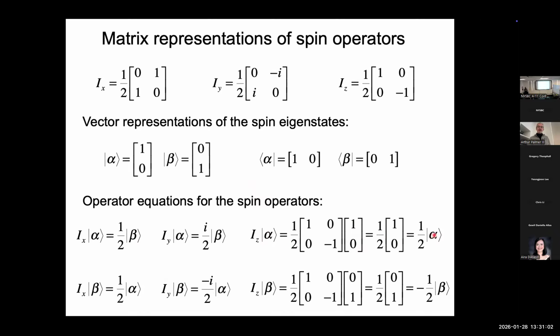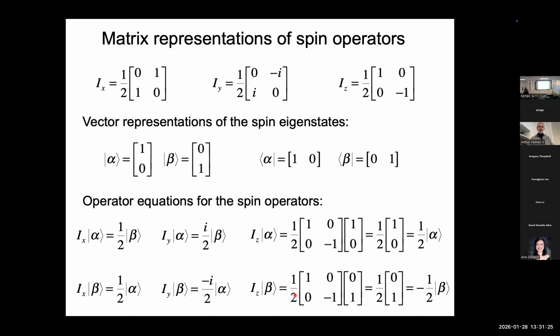And that means that alpha is an eigenvector of the IZ operator, because we put in alpha, and we got back alpha. 1/2 is the eigenvalue. And in this case, the eigenvalue is just the magnetic quantum number for alpha.